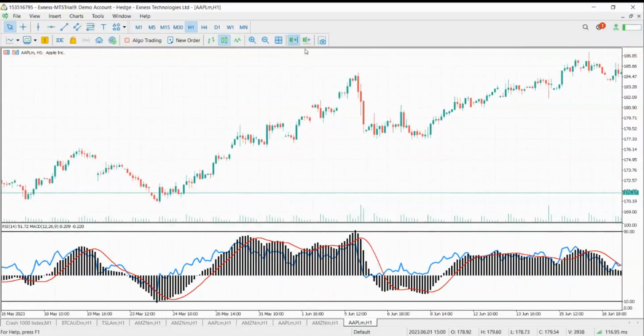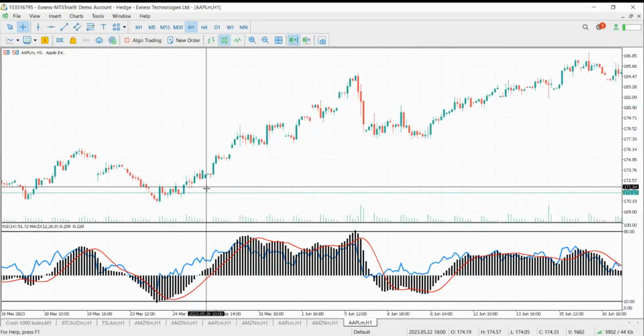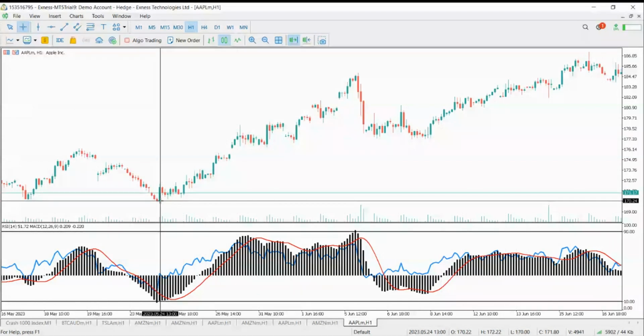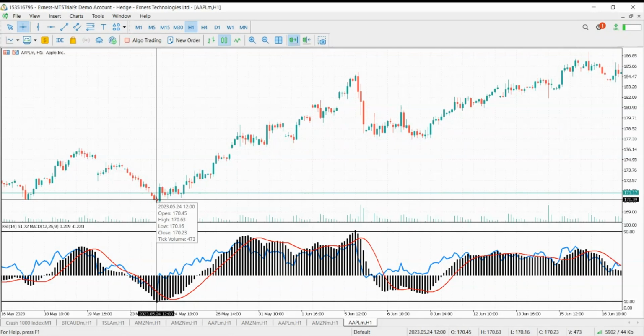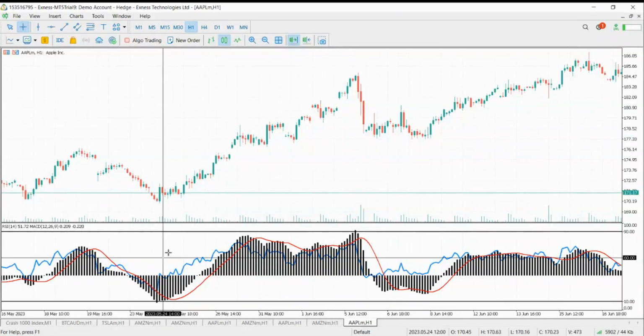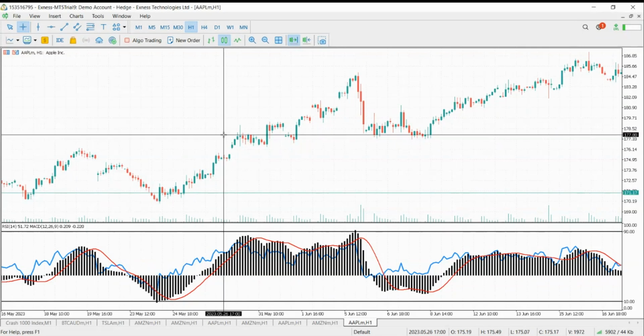Now guys, if you take a look at this point right here, this is the oversold region on this chart right now. Okay, and if you trace it up to this point, you can see that from here the market started to buy. So when price gets to the oversold, the market is going to buy always, guys.